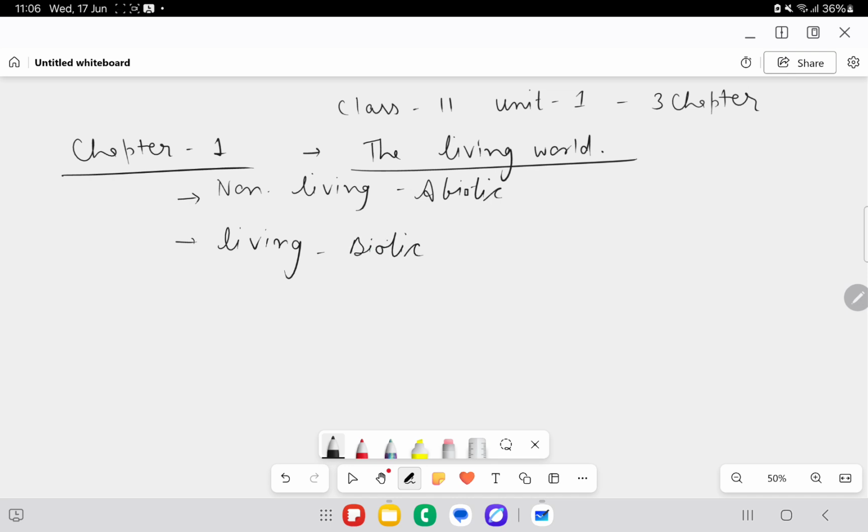Here I'm not going into the living and the non-living things because we are now in 11th class, we know all about it. Next, there is a different term that is used for the abiotic environment in NCERT, and the term is inanimate.